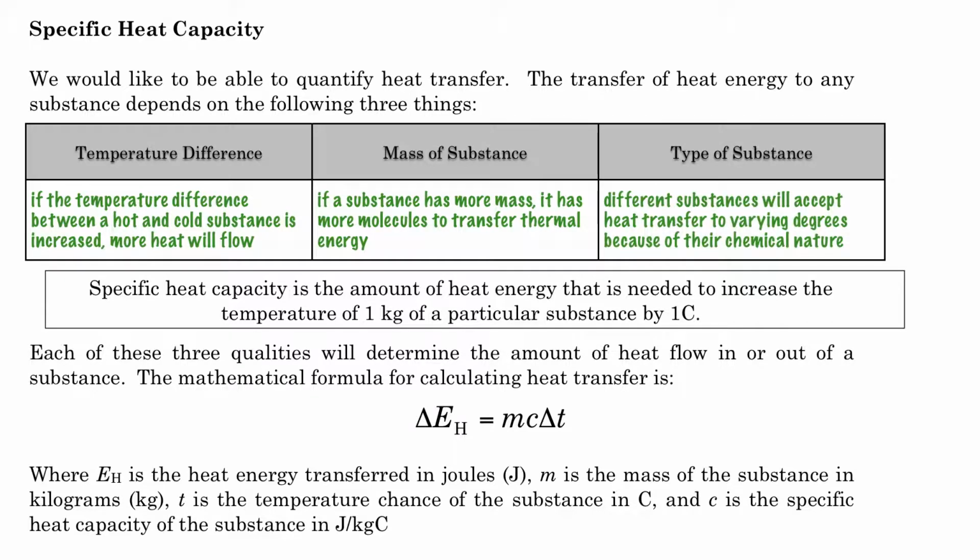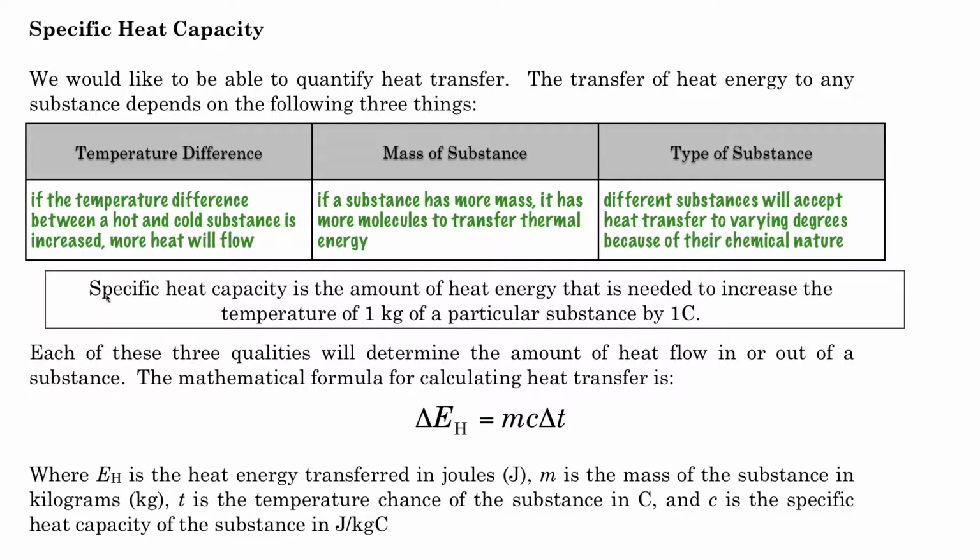So just like the surface of your desk and perhaps the metal leg of your chair, different substances accept heat transfer to varying degrees. In general, metals will accept heat readily, and insulators will accept heat less readily.